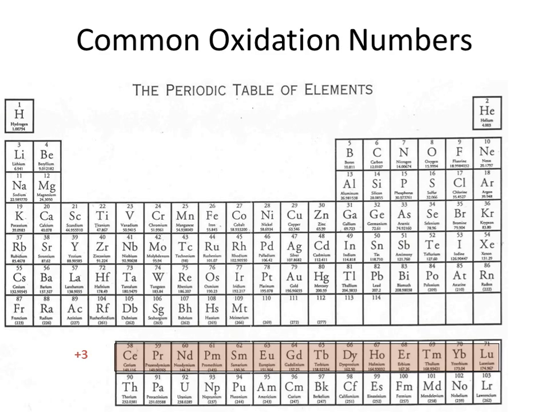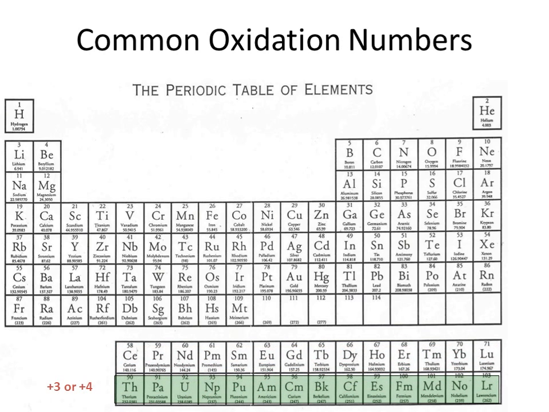For the inner transition elements down below the main body of the periodic table, your top row, which is referred to as the lanthanide series, typically these elements are going to show a +3 charge. This is from the valence electrons, the 2 s electrons that are in its outermost level, but then a single d electron usually is lost as well, leading to the +3.